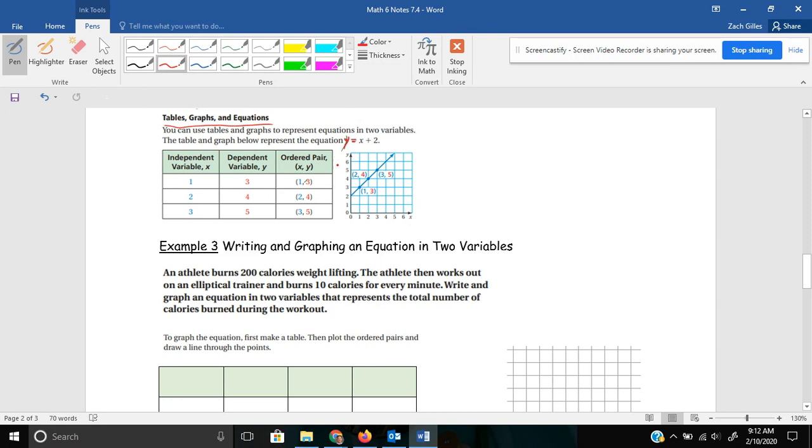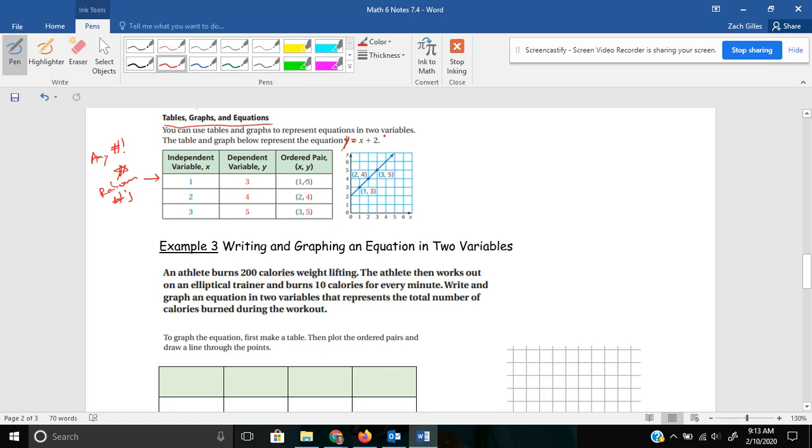So here, all they did is they took different values for x, and again, these can change. So 1, 2, and 3 are just random numbers. You can pick any number for your independent variable.